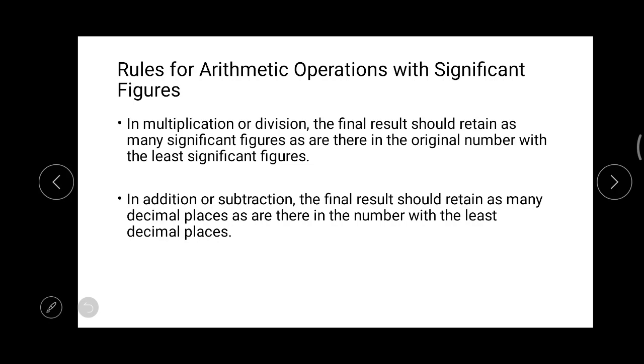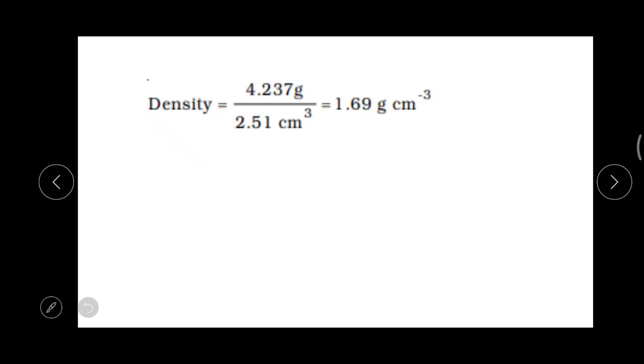First of all, let us go for an example. Here we just focus on the figures only, and don't go for the units. So it is 4.237 divided by 2.51, isn't it?